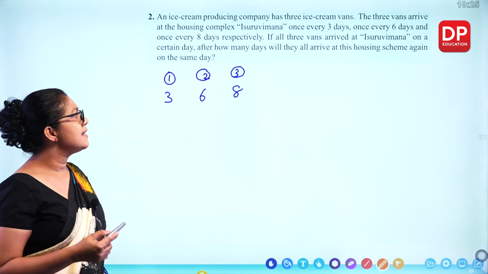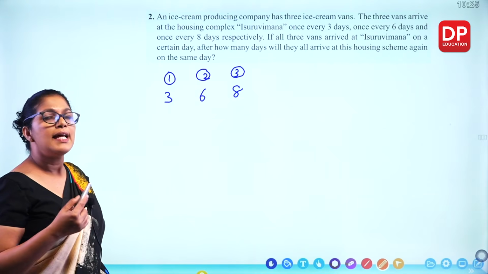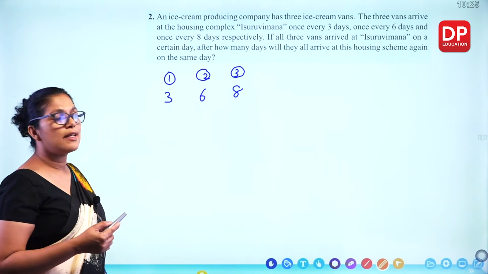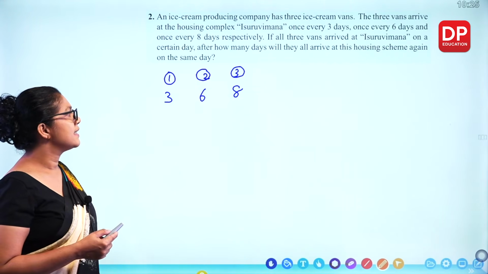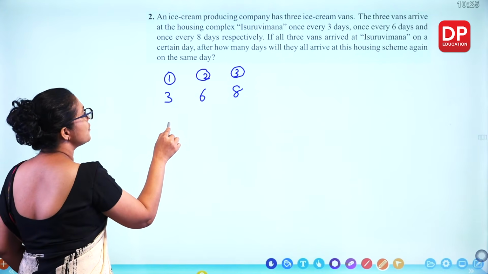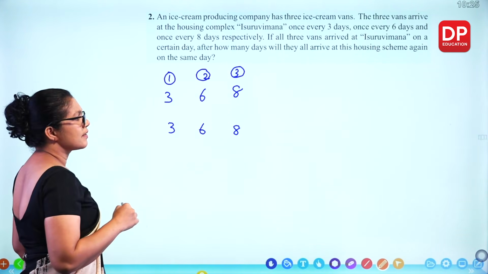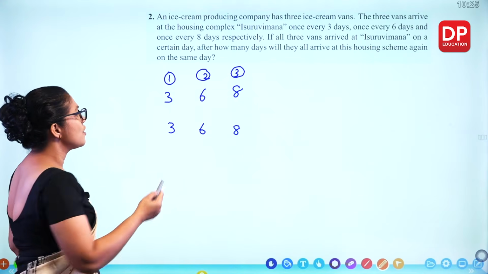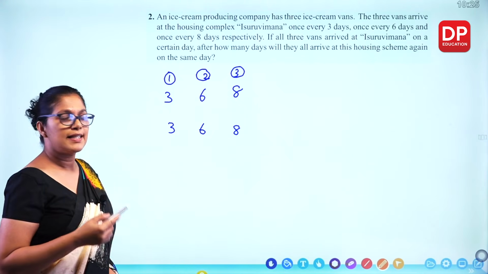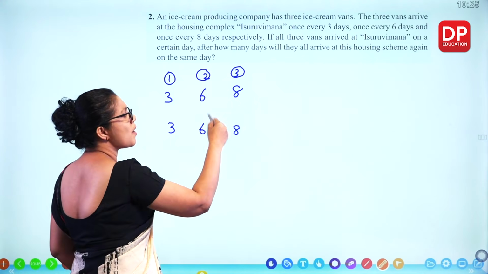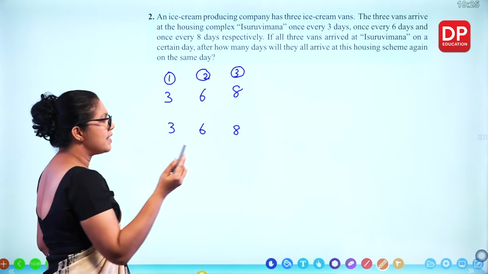So basically they are asking what's the least common multiple of 3, 6 and 8. So how can we find out 3, 6, 8? We'll use the easy method. If it's 3, 6, 8, we can assume the largest one is the least common multiple.